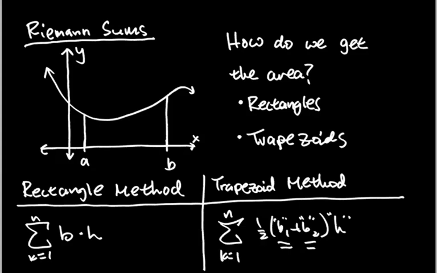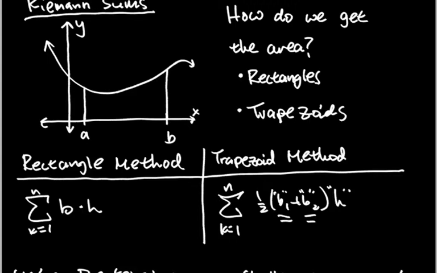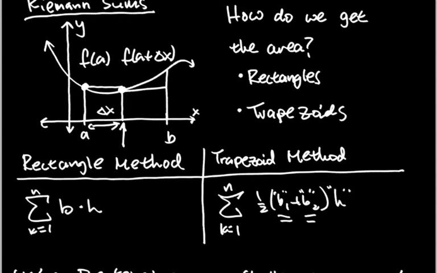Alright, so let's look at this. What is the height? Let's use 2 rectangles for simplicity's sake. How do we find this? What is that value? Well, that's actually f of a. And this is f of a plus delta x, because to get from a to there, you just add delta x, a distance of delta x from a.